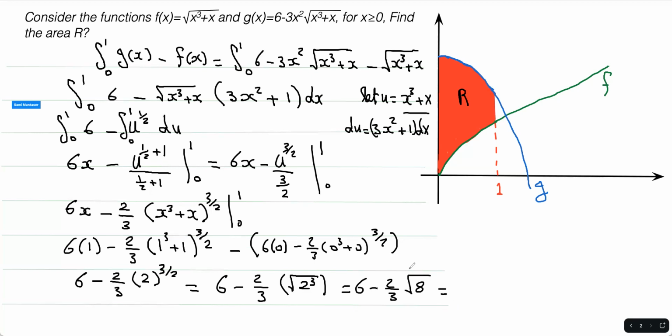And 8 is the same as 4 times 2, and then we can square root 4, which is 2, times 2 is 4. So it's going to be 6 minus 4/3 square root of 2. And that's your answer for this integral. And that's the area of R.